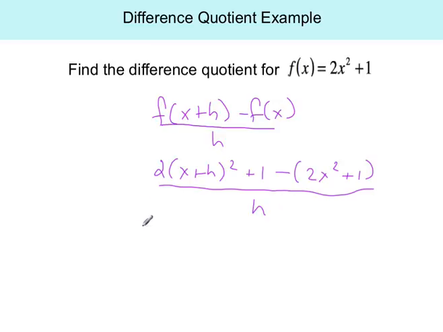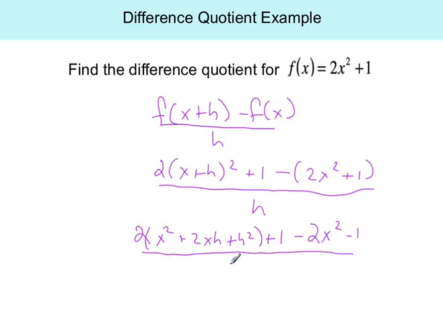I'm going to multiply out x plus h quantity squared: 2 times x squared plus 2xh plus h squared, plus 1 minus, let's distribute the negative, 2x squared minus 1, again, all over h.